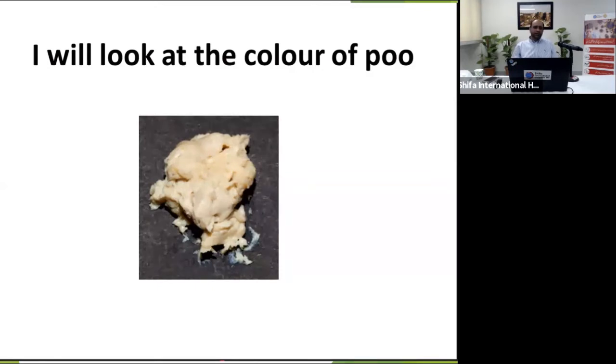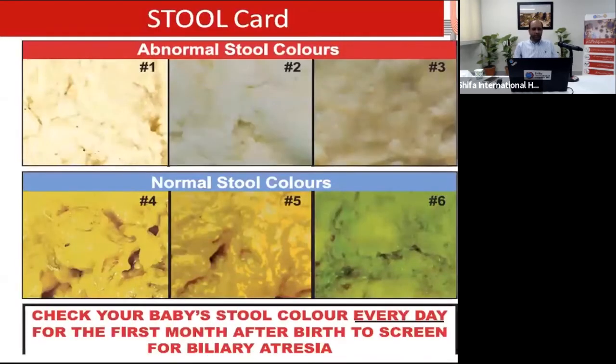You will definitely ask the color of the stool from the mother. Or again, you have to look at the stool yourself. Looking at the stool is not always easy. Sometimes you could have different colors in the stool.